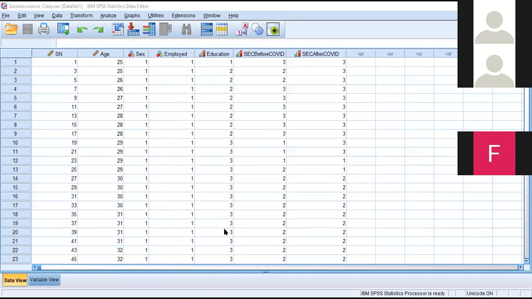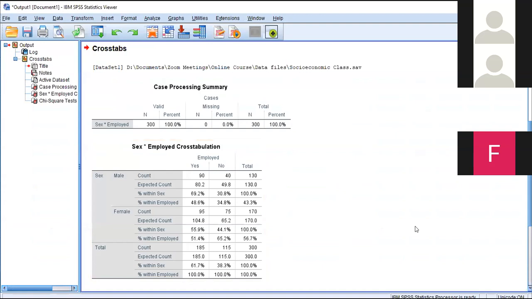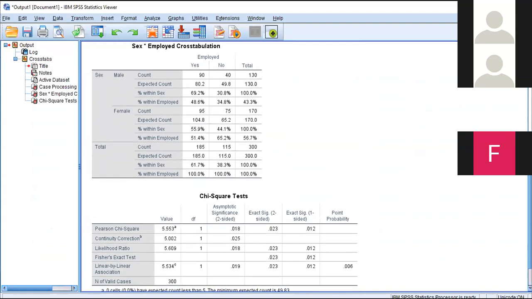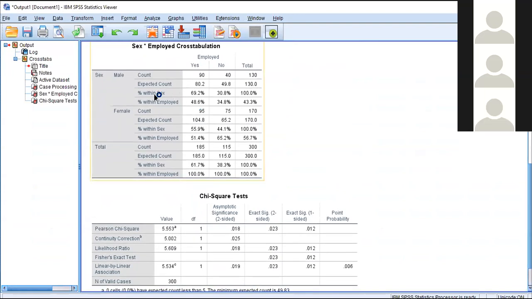Okay, let me share again because sometimes you may not have seen it. Can you see the result now? Everybody can see the results, right? Yes, sir. So it's more bulky than the other. The reason is that if you look at the percentage within sex along the row, because sex is what we put as the row, the other one we did before showed the percentage of males that are employed and the percentage of females that are employed.